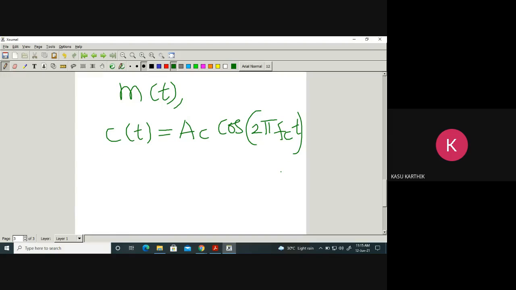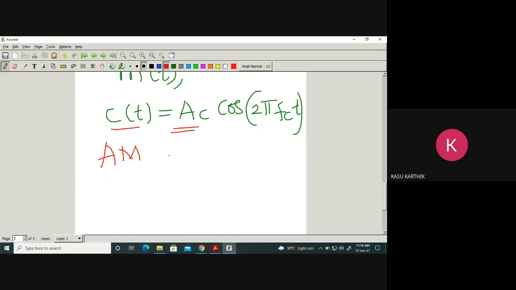Now, in AM, just now I told you, we keep our message in the amplitude of the carrier and we transmit. Okay, how to do it? Correct? Now here, what is the amplitude of this carrier C of t? That is a constant, no? Amplitude of C of t is what? AC, which is a constant.